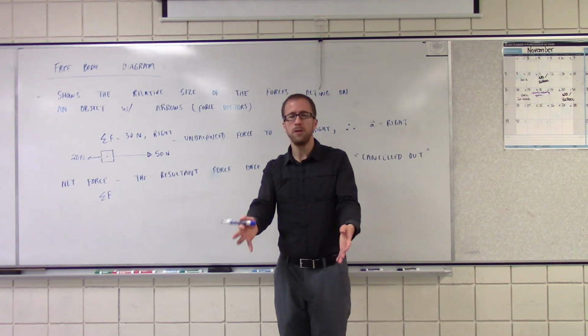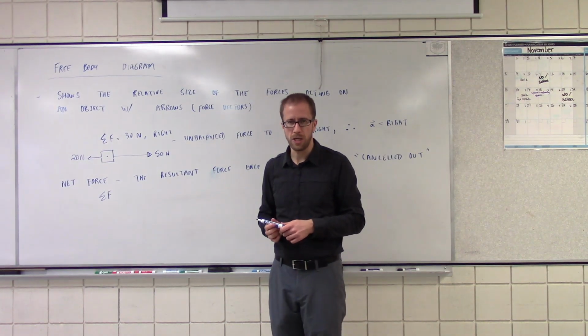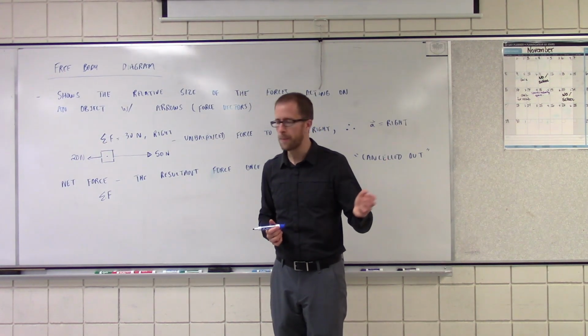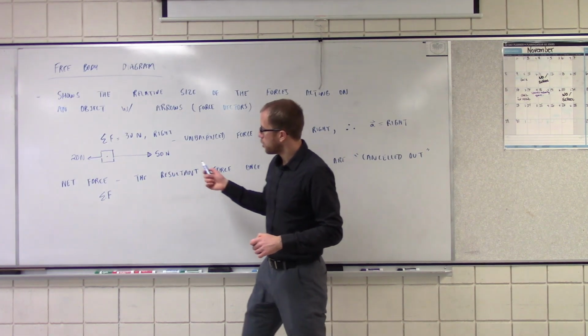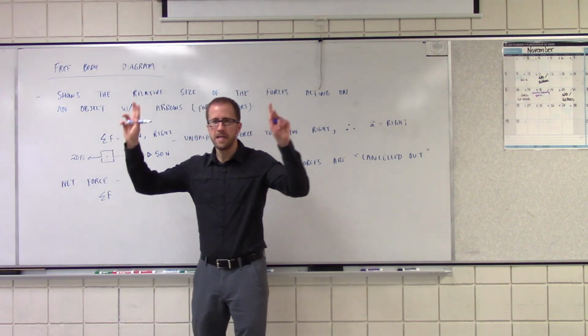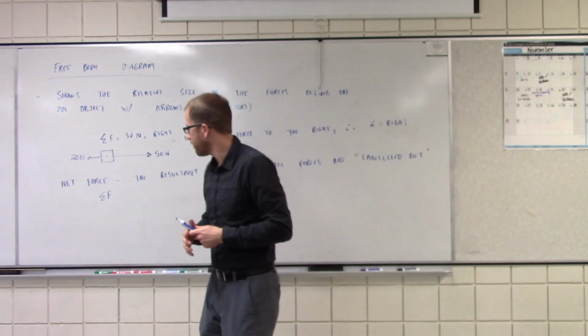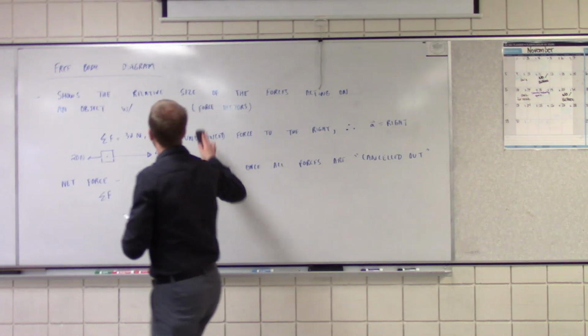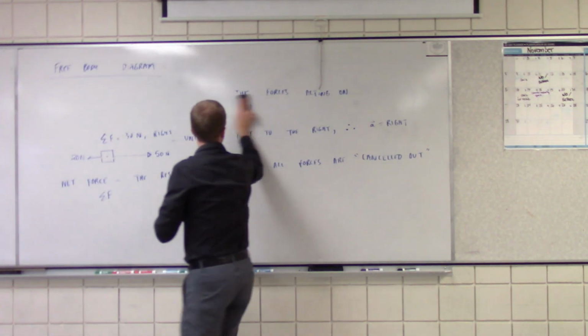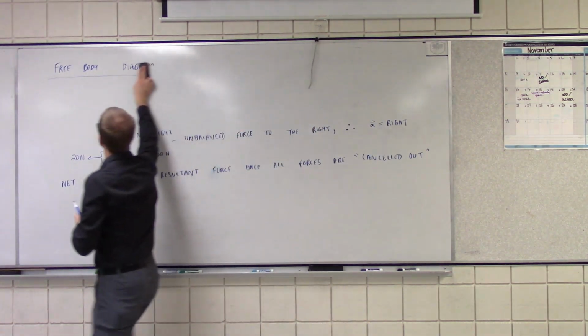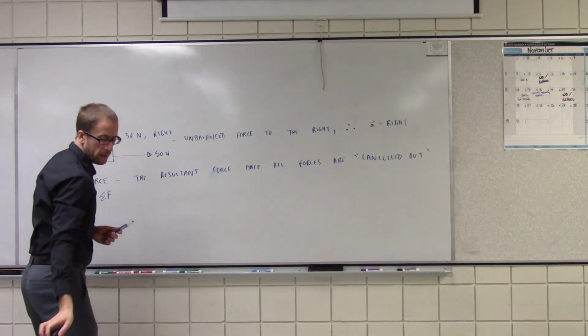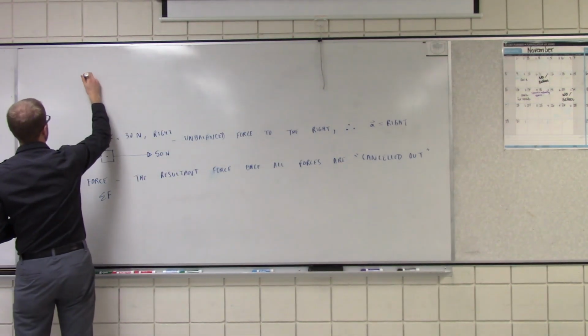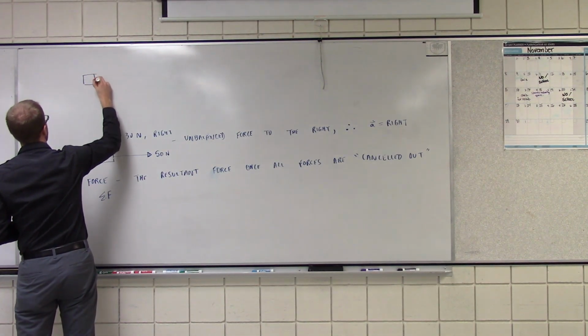Sure, we could physically look at the object and see how it's changing its state of motion, whether it's slowing down or speeding up. But we need to look at the forces on our object and see if they cancel out, right? Because if I gave you, let's say, an example like this. Let's say instead I had an object that was like this.